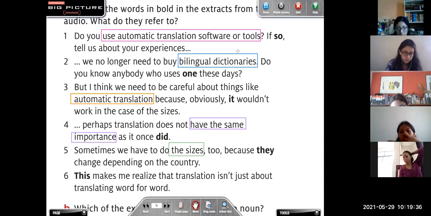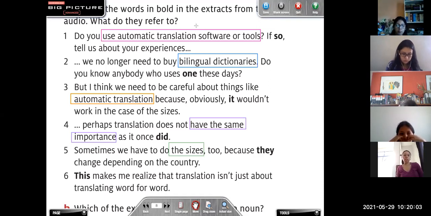Okay, so today we are going to learn about these words. So, one, it, did, they, this, okay? So we use all these words when we are referring back to something, okay? When we want to mention this again, but we don't want to repeat the same idea or the same words.